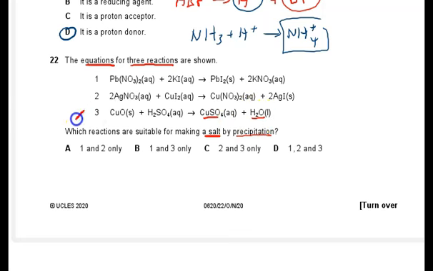So number 3, no. And if you look at silver iodide, this is solid. They have already mentioned the state here, it is solid, and here we have a solid. So they do form the precipitation. So your best answer here will be 1 and 2. We move to the next one, 23.